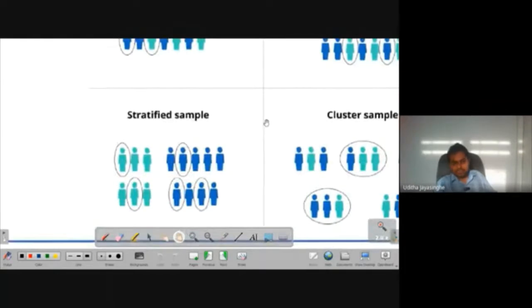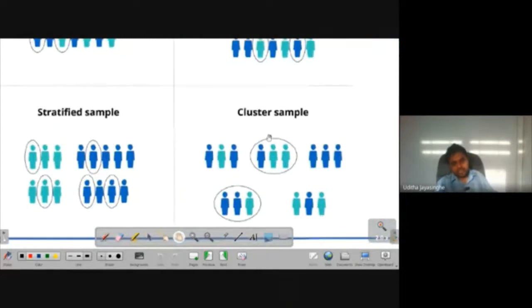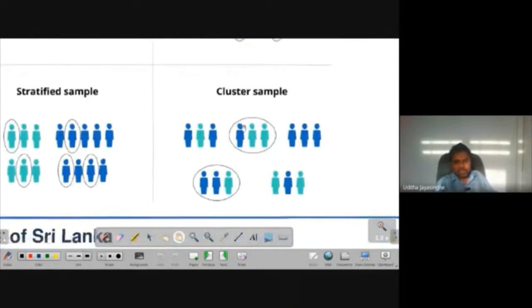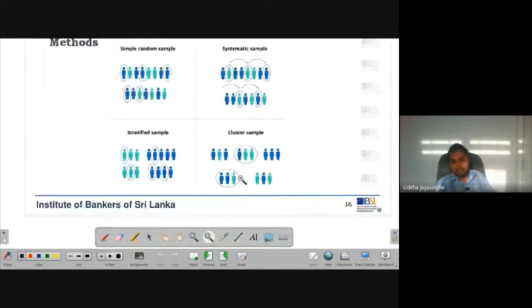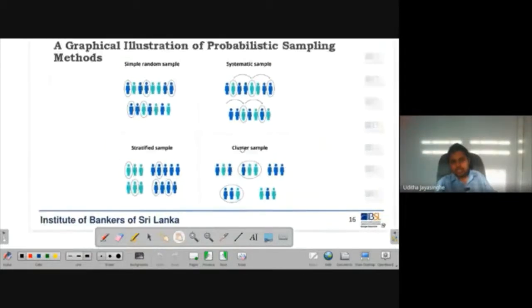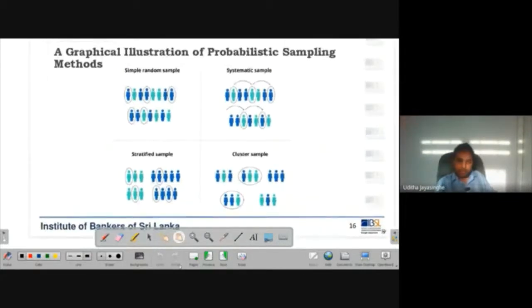Stratified, you cluster them, and then you practice another simple random sampling inside the strata. The cluster sampling is nothing but the entire clusters will be taken into the sample. Now, the items that are circled are the items that are going to come into your final sample.